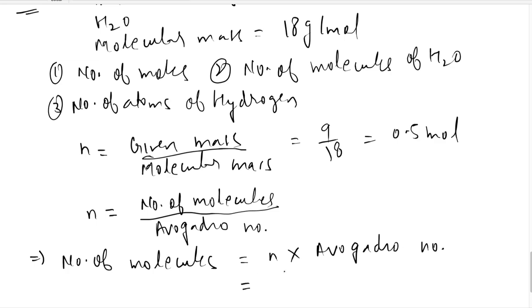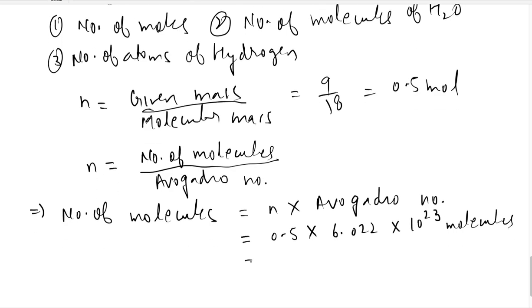So this is 0.5 multiplied by 6.022 into 10 to the power 23 molecules, which is equal to 3.011 into 10 to the power 23 molecules of water.